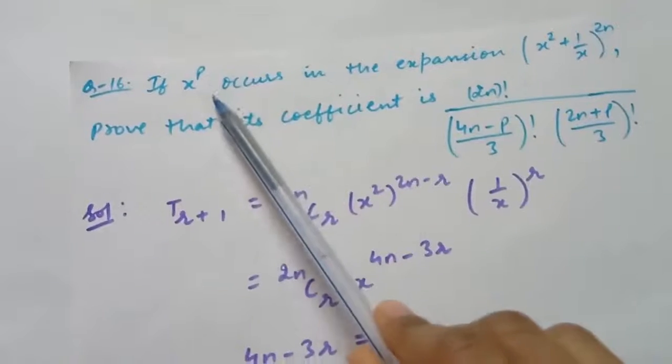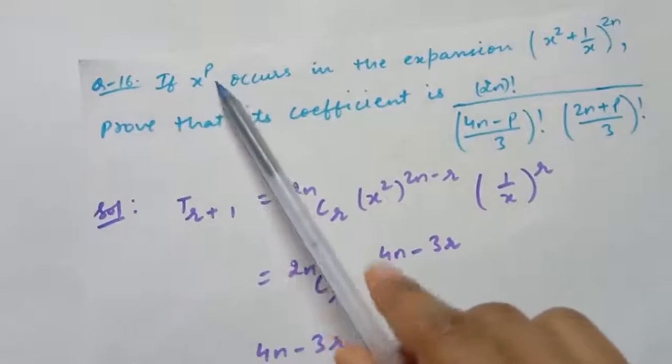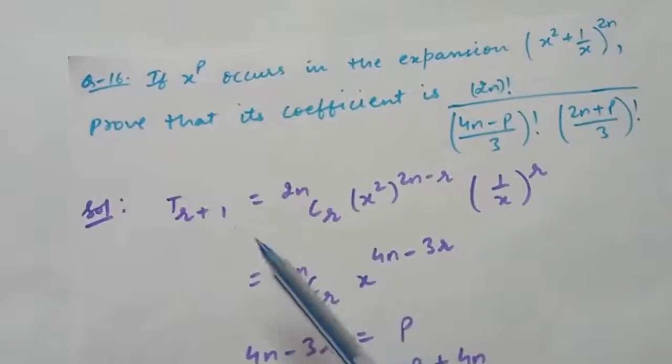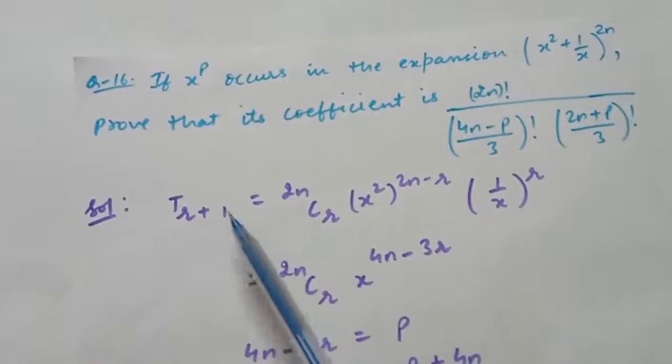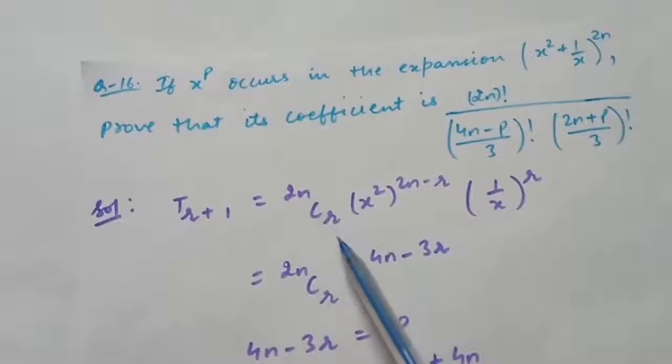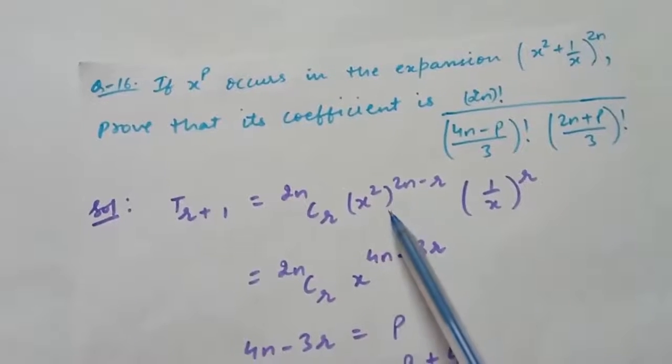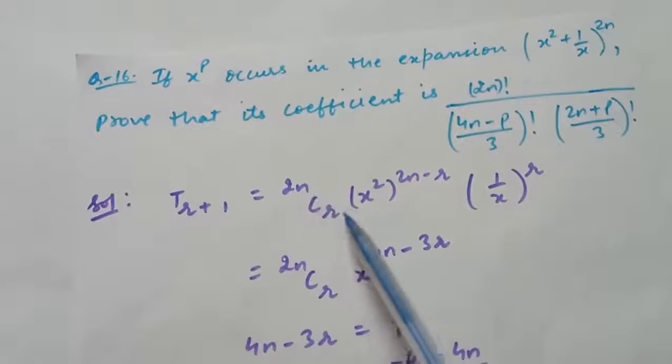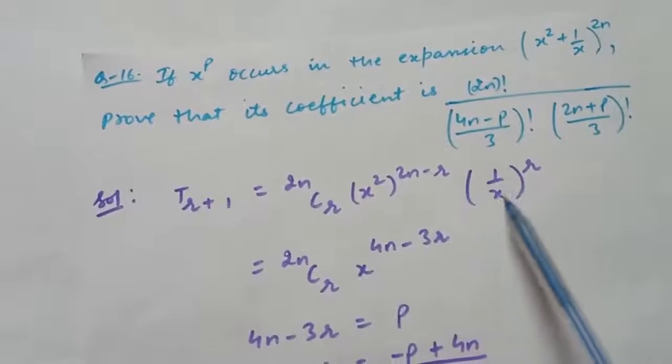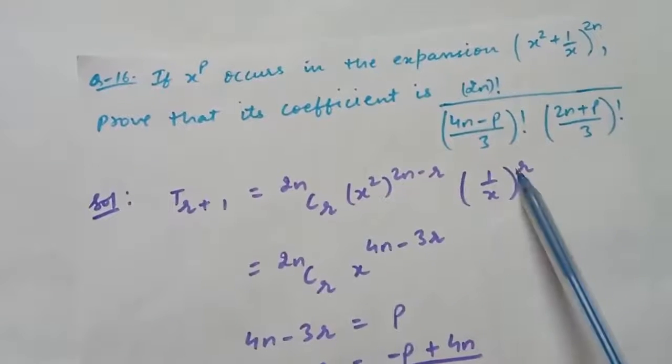So for finding the coefficient of any power, first of all we have to find out the general term, which will be 2nCr (x²)^(2n−r) into (1/x)^r.